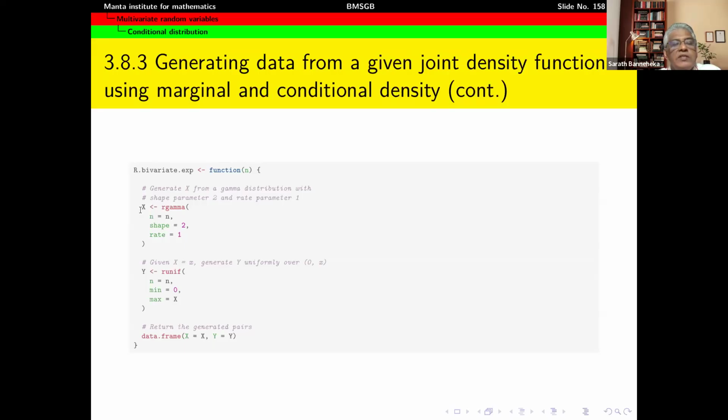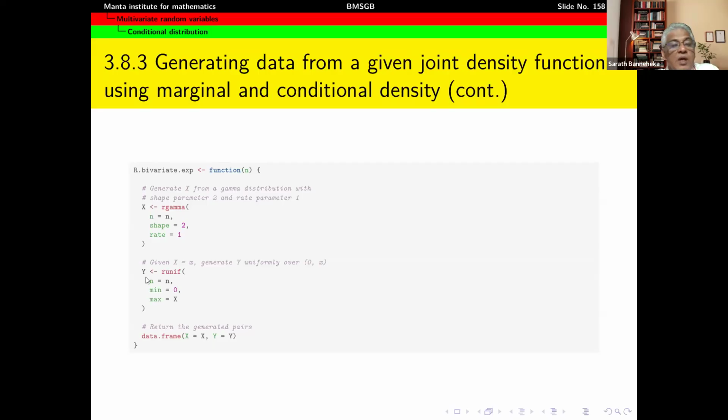What I have done here is I first of all generate n numbers from a gamma distribution. Those are the numbers that I will be using as x1, x2, x3, and so on, the observed x values. They are coming from a gamma distribution with shape 2 and rate 1. So, for example, if n is 10,000, then I'll have 10,000 gamma observations here.